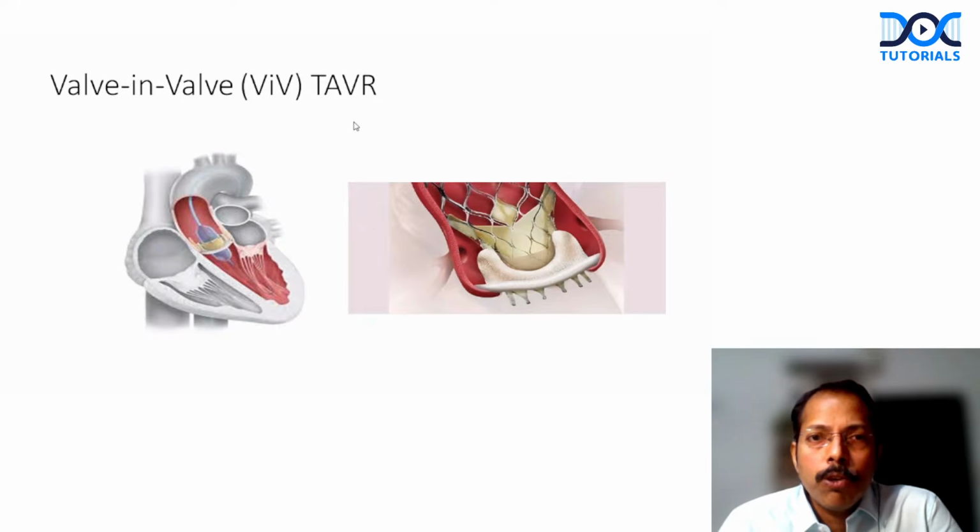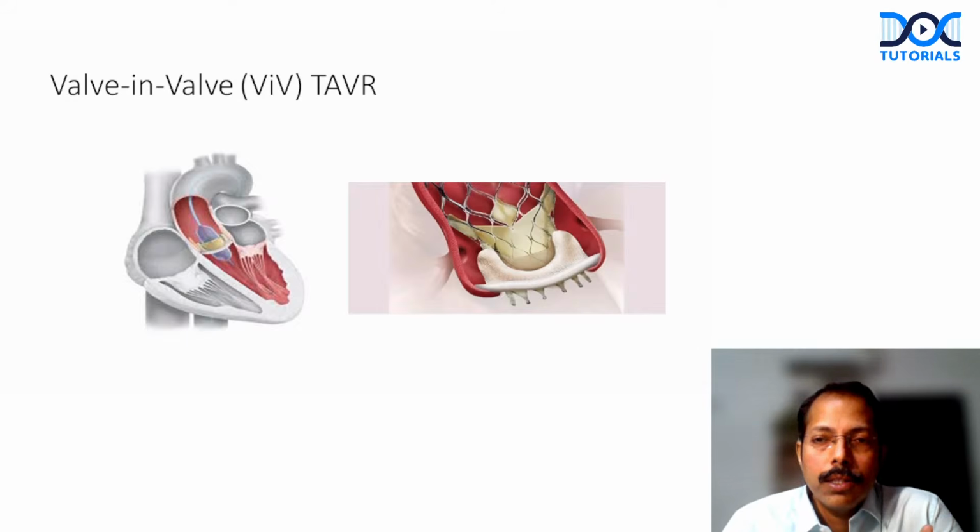And there is a concept called valve in valve TAVR. So what is that? Because this is a very helpful situation. Suppose an elderly patient, 70 years old, underwent a bioprosthetic valve, and is coming again at 80 years of age with symptoms of regurgitation. In such conditions, in an elderly individual of 80 years, surgical AVR has its own risk.